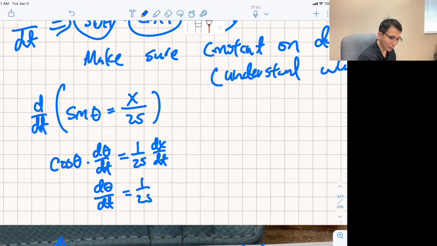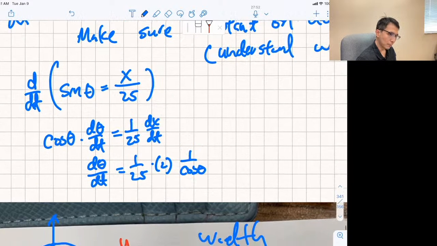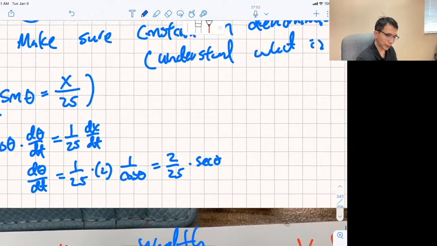1 over 25, and the dx dt is going to be what? That's -2, right? And I'm going to divide by cosine, so it's going to be 1 over cosine. If divided by cosine on both sides, it's going to be 1 over cosine. That's equal to secant on the numerator.